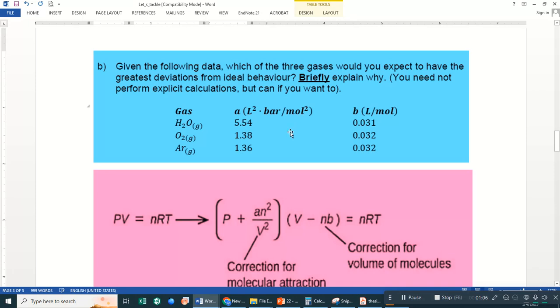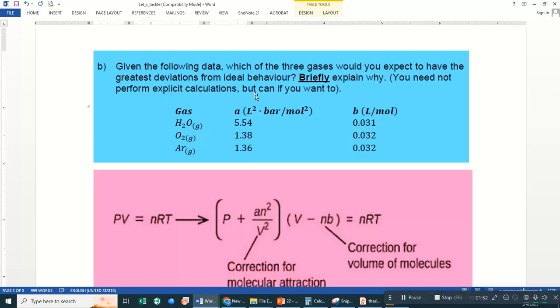In this problem, there are two things on which you must have a strong concept. First of all, you must have a concept about the van der Waals equation: what the a constant is and what the b constant is. The other concept you must learn is ideal gas behavior and deviation from this ideal behavior.